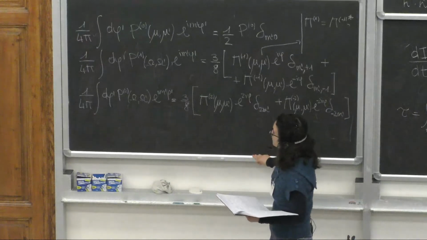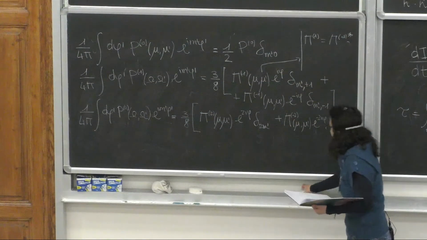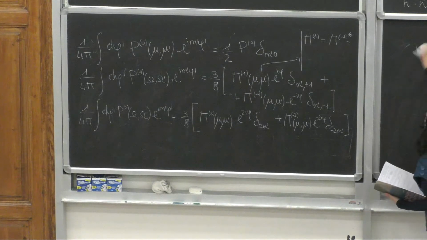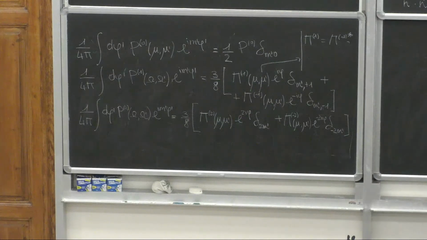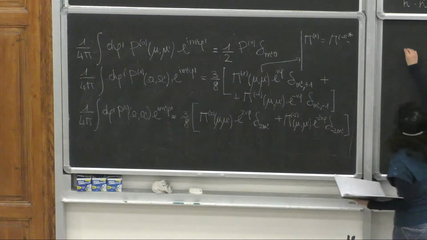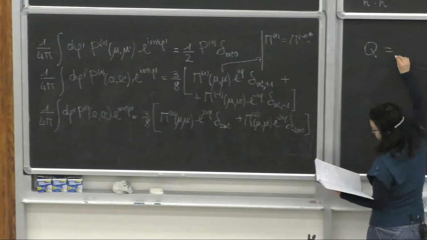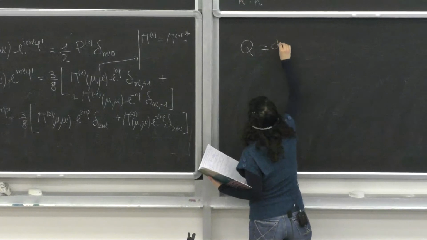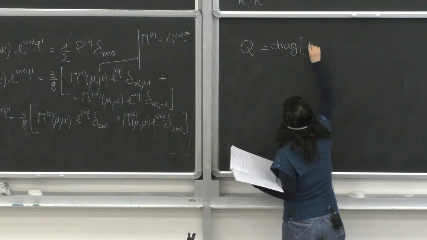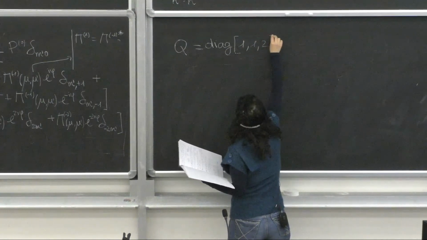Okay, now let me give you the full expression for some of these matrices that we will use in our calculations. I will give you the expression of the only matrices that we will use, so I will neglect pi 1. Now, the matrices that we will need are Q, which is a very simple matrix, a 3 by 3 diagonal matrix with 1, 1, 2.